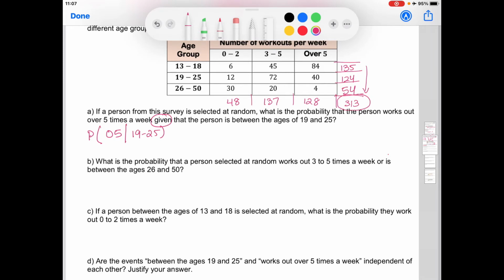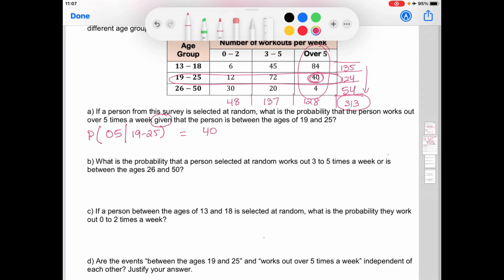So what's the probability of a given? It's the intersection over the given, right? So what's my intersection of? I'm going to actually circle it. Over 5 is this, right? And 19 to 25. So where's the overlap happening? It's happening at 40. So this would be 40.